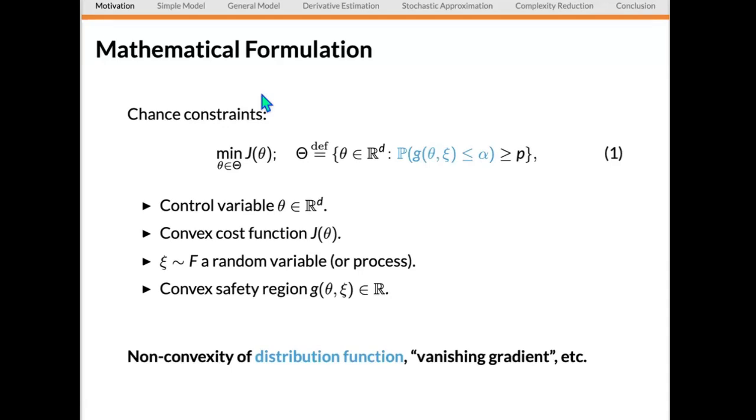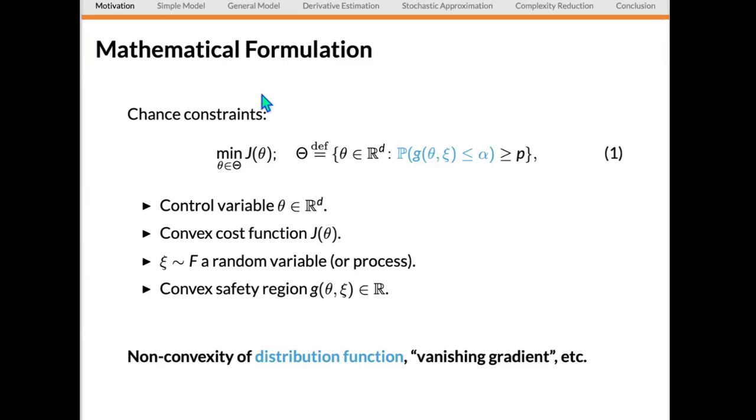There's another problem that we identified in the 2022 paper, which we call the vanishing gradient. Distributions have flat areas, and in those flat areas, the derivatives are 0. So algorithms based on derivatives do not work very well in those areas. There are other types of problems with these probabilities.